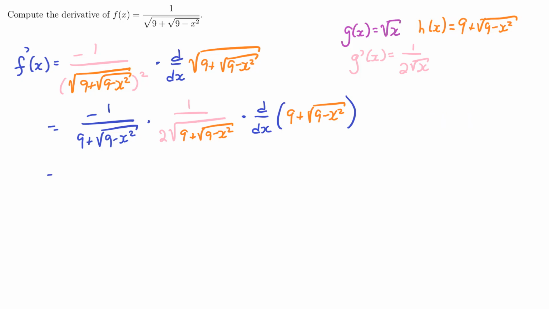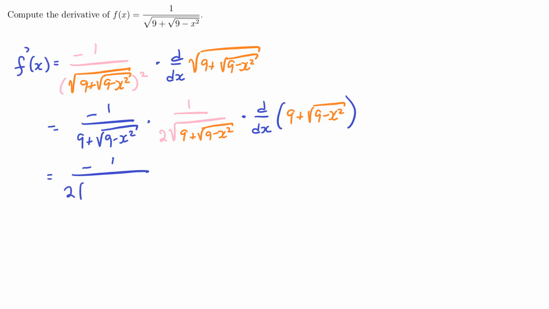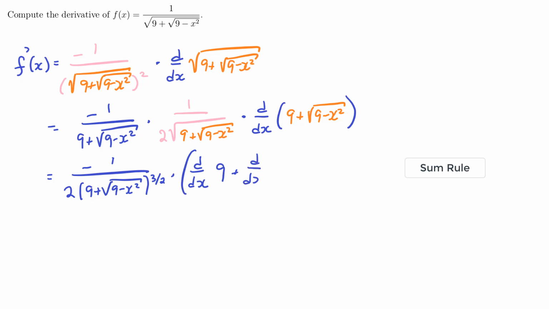This is equal to -1 over 2 times 9 plus square root 9 minus x squared, all to the power of 3/2, times the derivative of 9 plus the derivative of the square root of 9 minus x squared. So the derivative of 9 we can evaluate, that is 0.